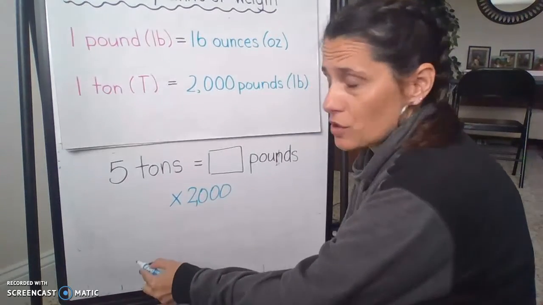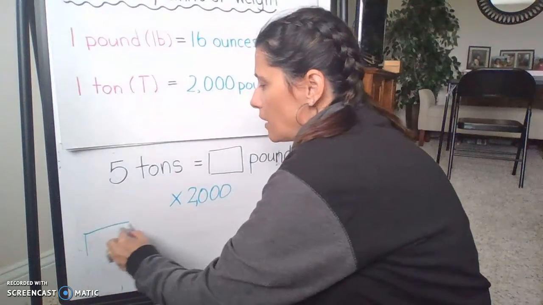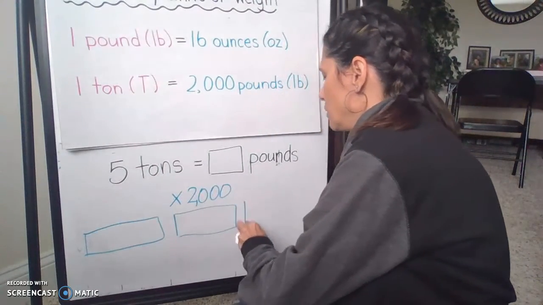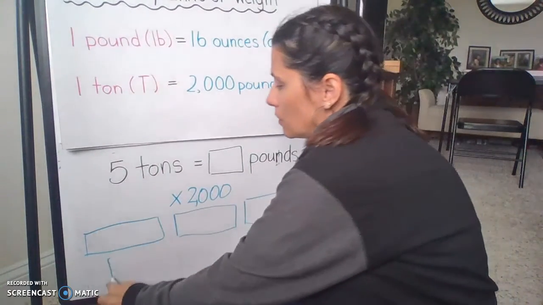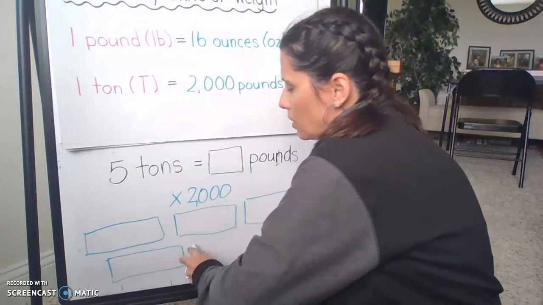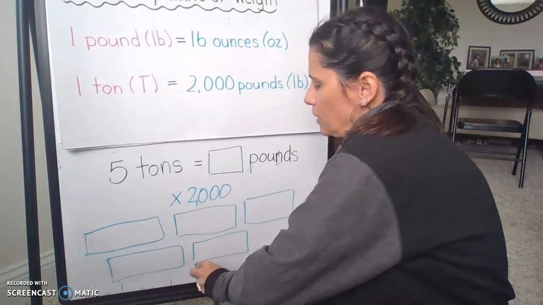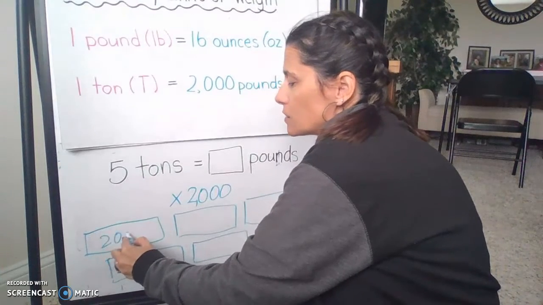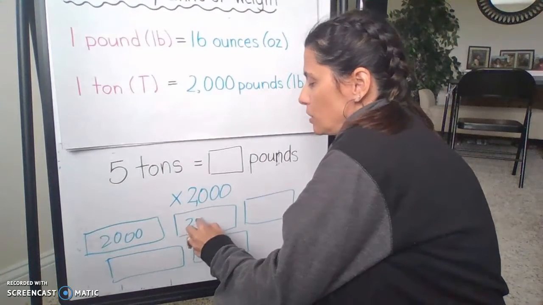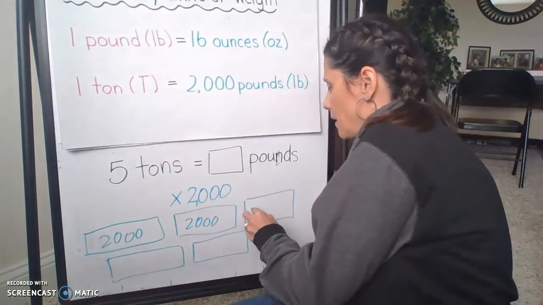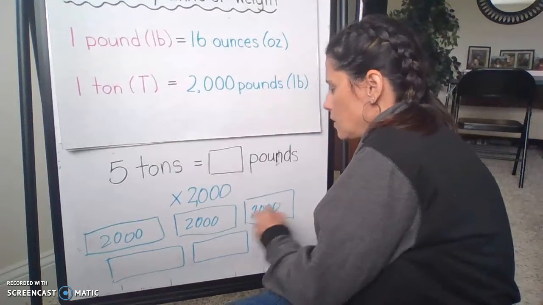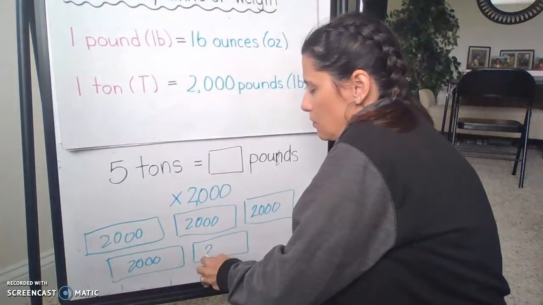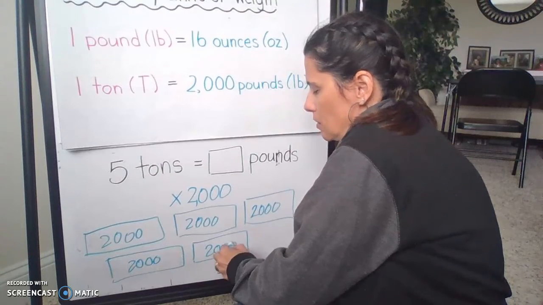And if I did my picture with that, I would draw 5 tons. 1, 2, 3, 4, 5. And each ton is 2,000. So then I'd put my 2,000 here, my 2,000 here, my 2,000 here, my 2,000 here, and my 2,000 here.